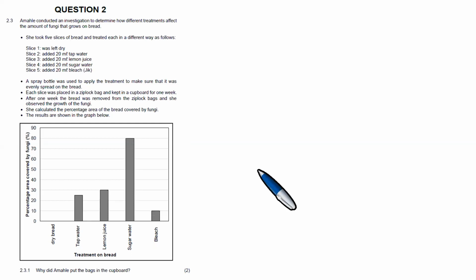Slice 1 was left dry. Slice 2, added 20 ml tap water. Slice 3, added 20 milliliters lemon juice. Slice 4, added 20 milliliters sugar water.